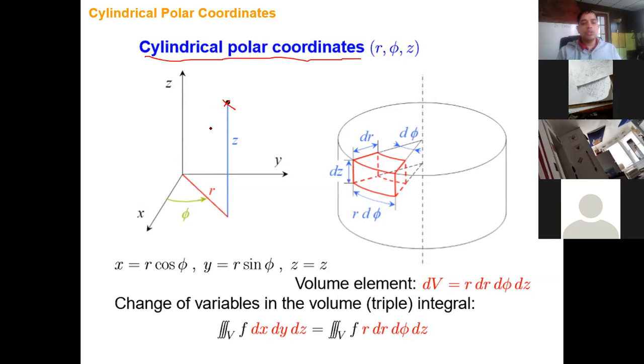This point is here, and the angle from here to here is phi. Then how far you have to come from the origin is R. Then how high you have to go is G. R, phi, and G. That's the cylindrical polar coordinate system. So instead of using X, Y, Z, you could also use R, phi, and G.